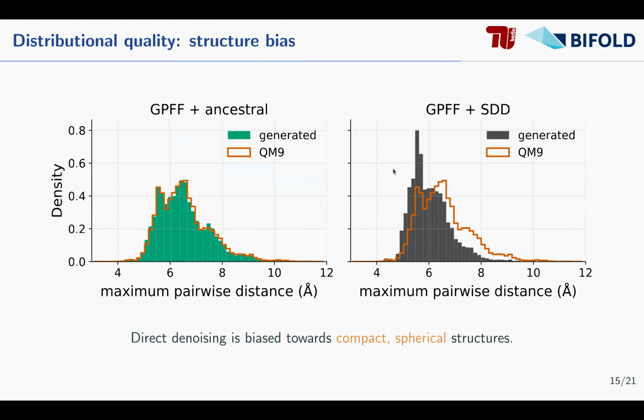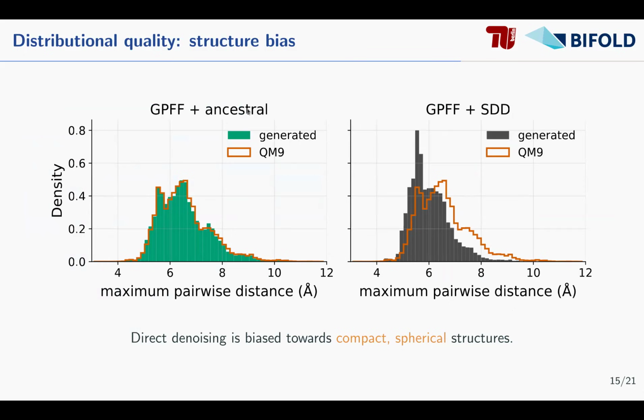So on the slide, you can see the distribution of maximum pairwise distances sampled with GPFF and ancestral sampling compared to GPFF and stochastic direct denoising.